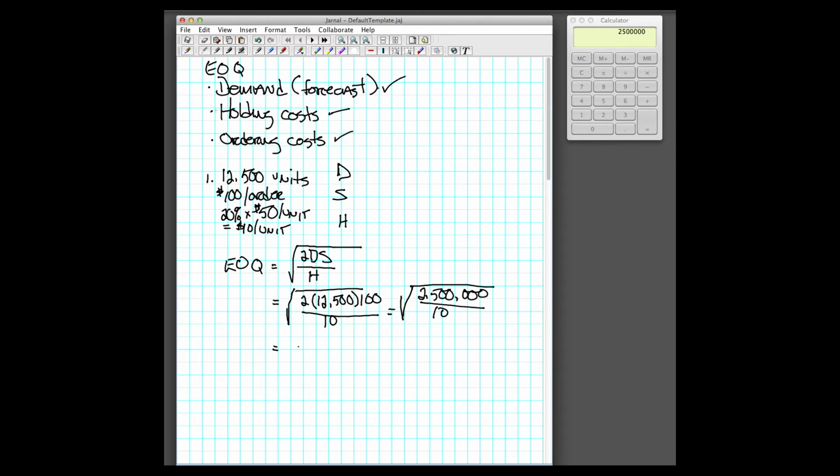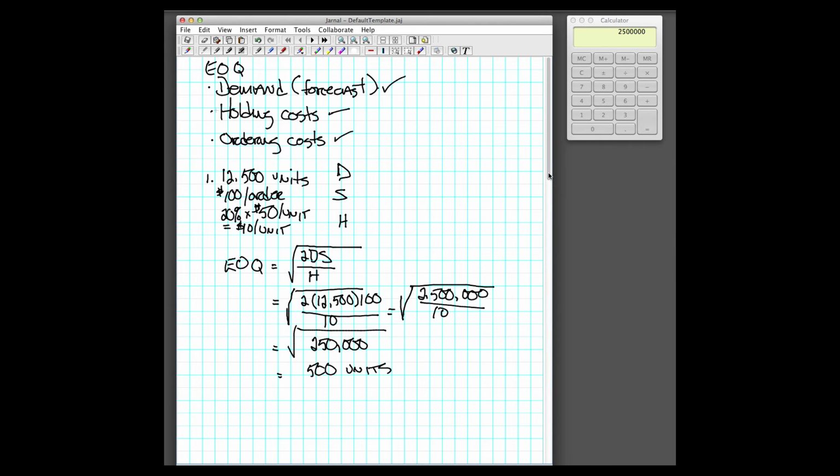That's going to equal the square root of 250,000, which is going to be 500 units. And so we get the idea that when we work through this process, every time we order to feed into our need to fund 12,500 units, the most economic amount to order is going to be 500 units. That's the so-called EOQ.